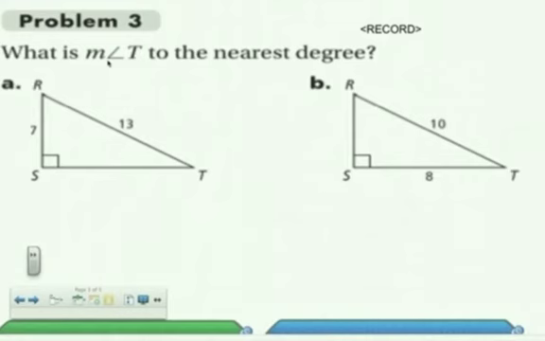Today, in Friday's notes, we learned how to use trigonometry in order to find segment lengths. Today's lesson is all about using trigonometry to find angle measures. Look at your calculator. If you don't already have your scientific calculator out on your desk, get it out.